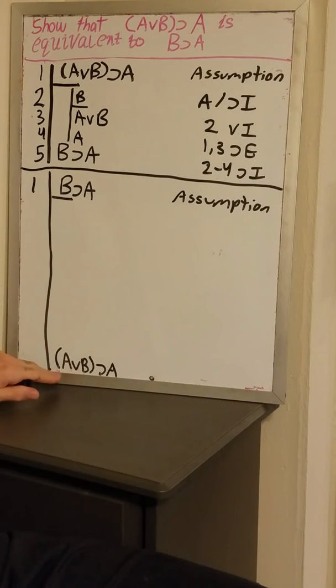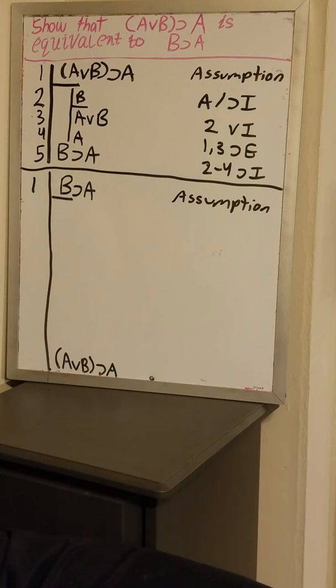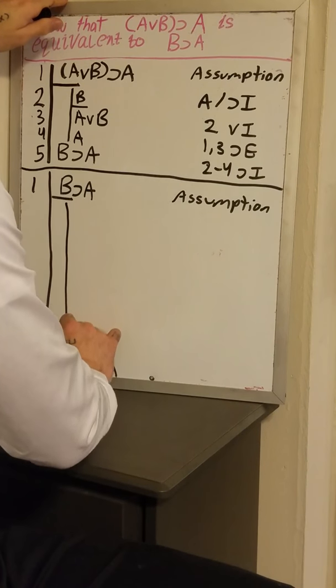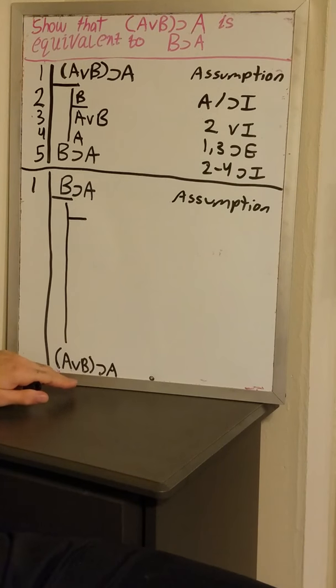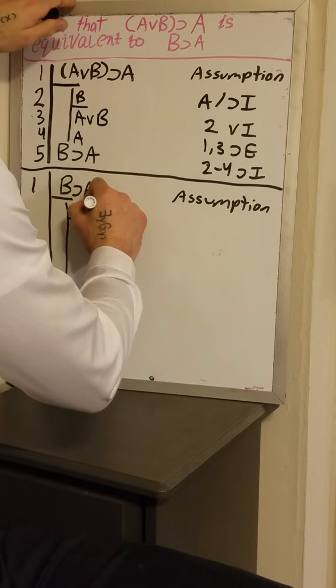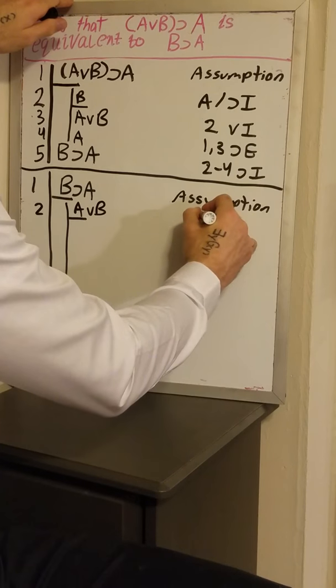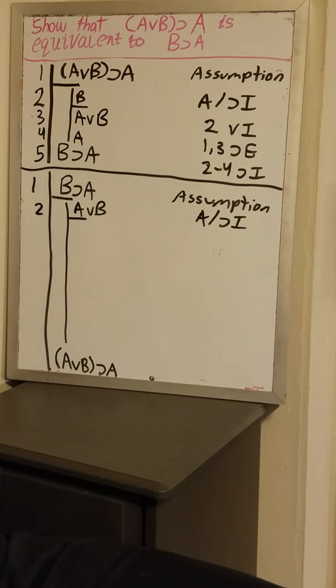If B, then A, therefore if A or B, then A. So this one's just slightly more complex. But again, we're trying to prove a conditional. So we should go ahead and start by assuming the antecedent, A or B. So we're doing this for purposes of conditional introduction once again.